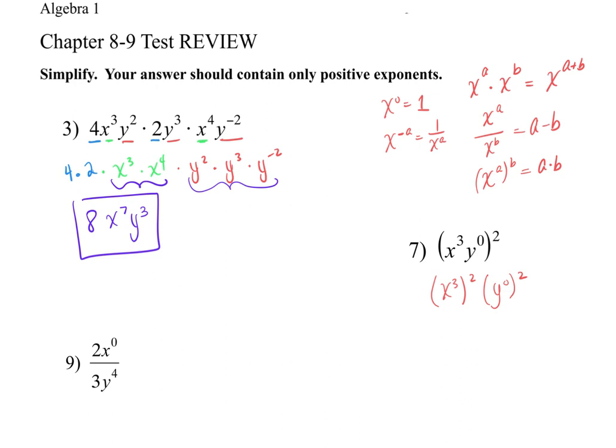Which means I'm going to multiply these. x to the 6, 0 times 2, y to the 0. y to the 0 is just 1, the number 1. So 1 times anything is just that number. So I have x to the 6th as my answer.